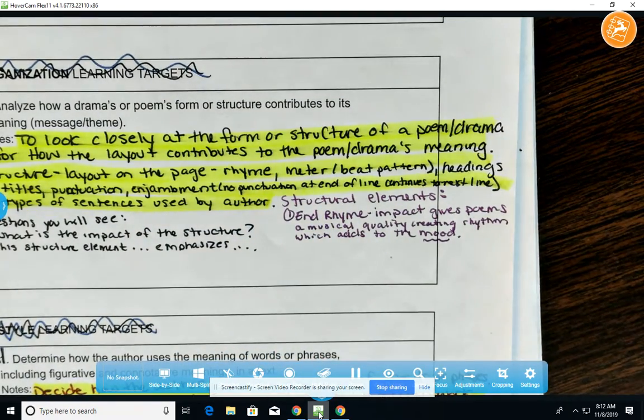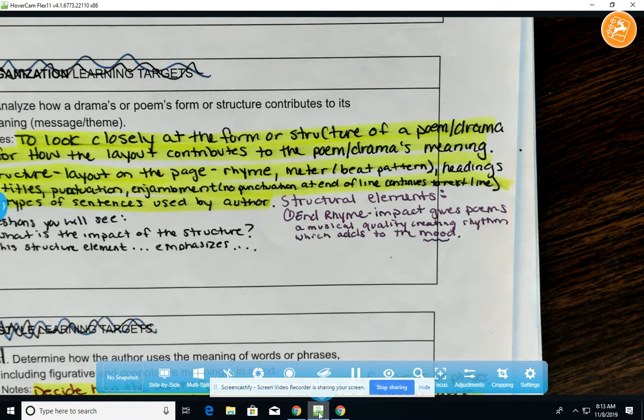End rhyme or rhyme schemes in general are usually determined by the final word in the line. Sometimes you could have an A, B, A, B. We always use letters to represent the rhyme scheme. So you might have a rhyme scheme where the final word of the first line rhymes with the third line, and then the B and the D rhyming, but that would be an end rhyme scheme.